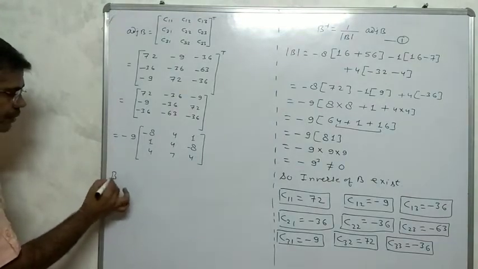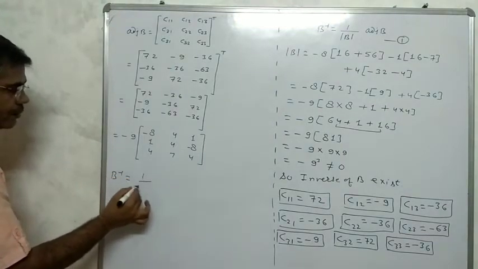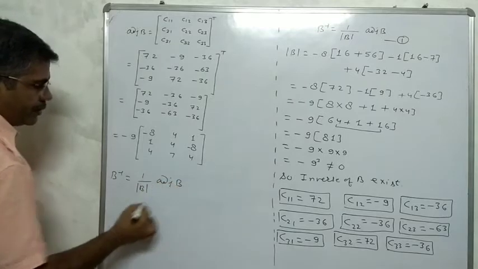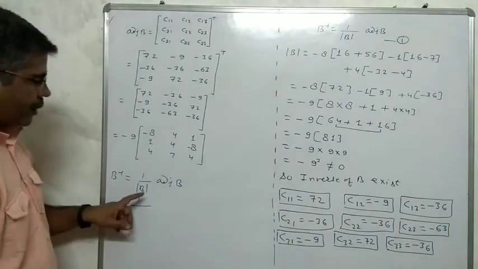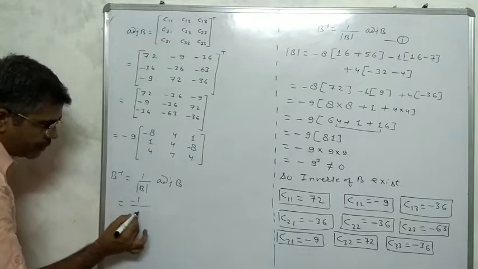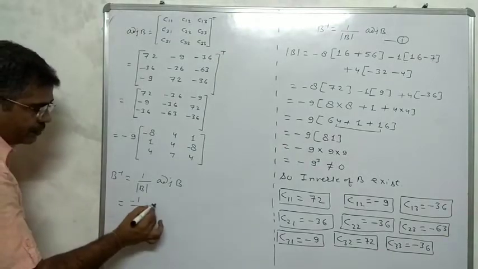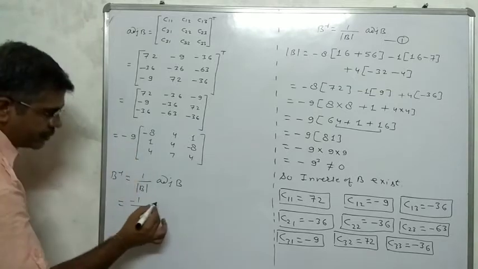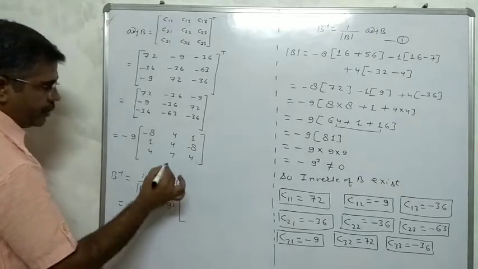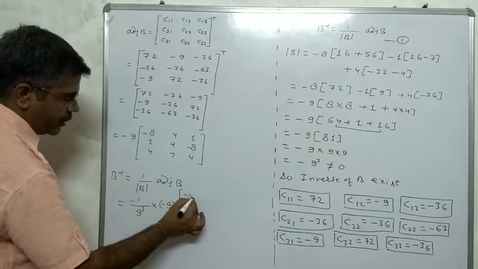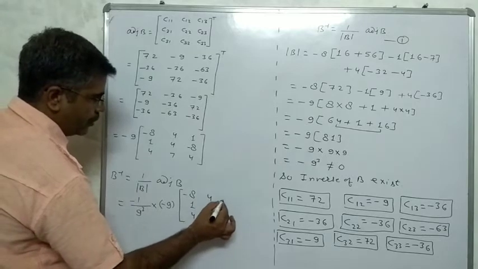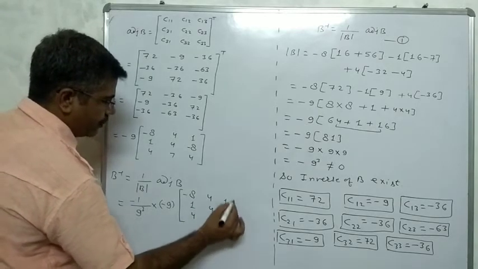We have B inverse equals to 1 upon value of matrix into adjoint of B. 1 upon minus 9 to the power 3 into adjoint of B, minus 9 into adjoint of B, which is minus 8, 1, 4, 4, 4, 7, 1, minus 8, 4.